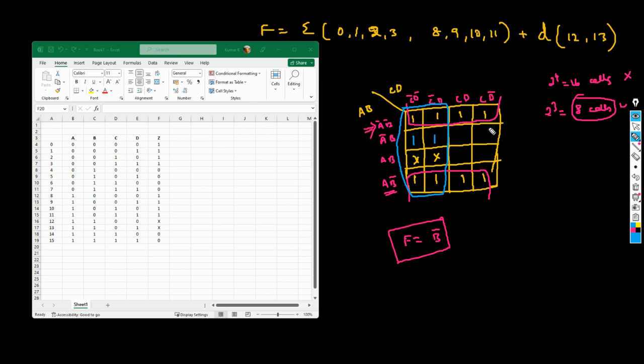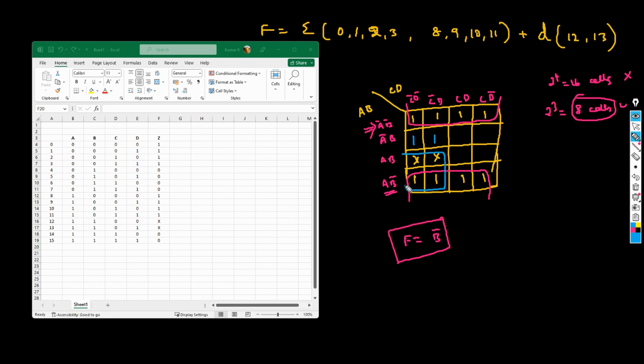Okay. So I think Hema, you also have somewhere something kind of missed. Seems like you also have considered AC bar. Okay, this four. Okay, I got what you guys have done. So many people have kind of added this also.